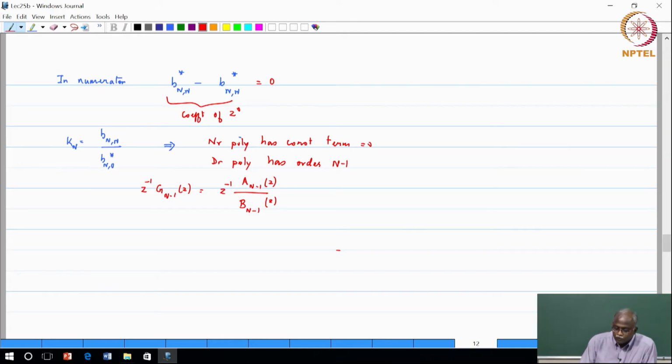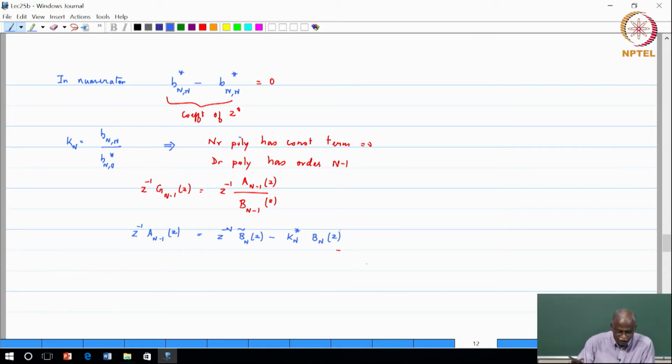Okay. So now please go back and verify that z inverse a n minus 1 of z from the expression is actually equal to z power minus n b n tilde of z minus k n star b n of z.